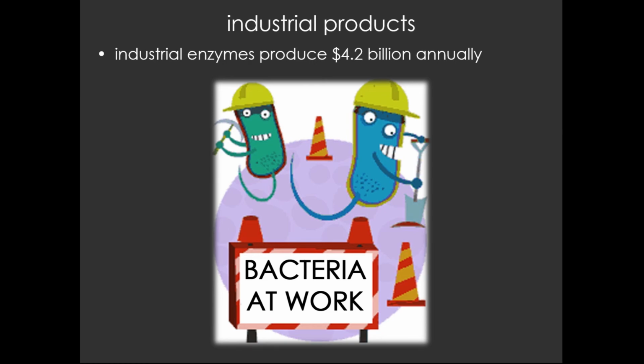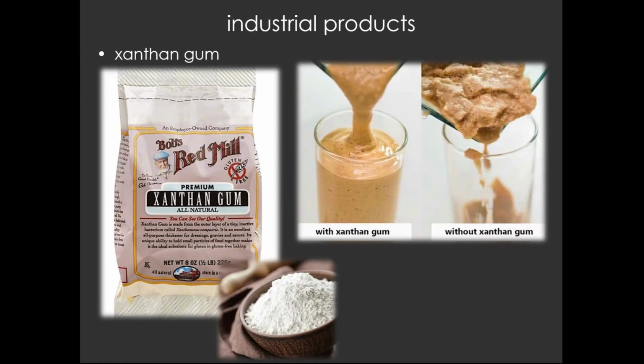And they go from things that you might add to your foods, like xanthan gum, which is very popular amongst people who are gluten intolerant because it adds a sponginess back to breads and other things when gluten can't be utilized. As you can see from the picture here, it also creates a much smoother consistency in materials.